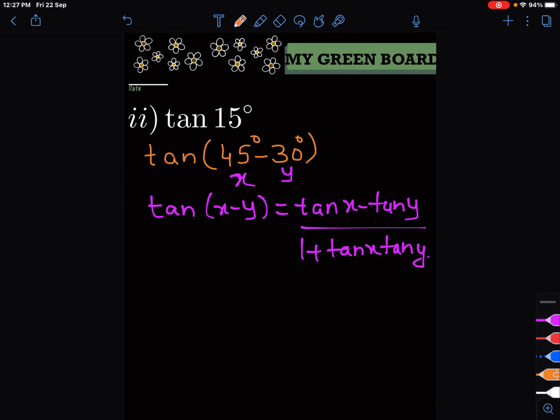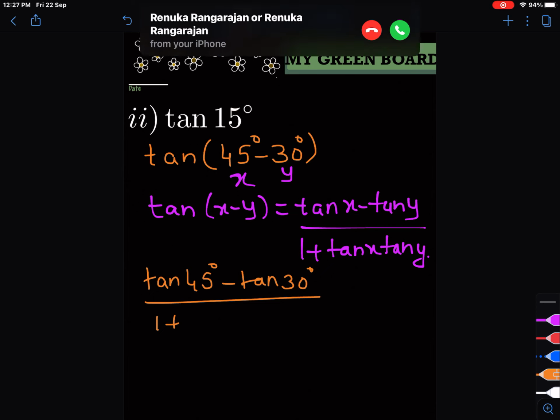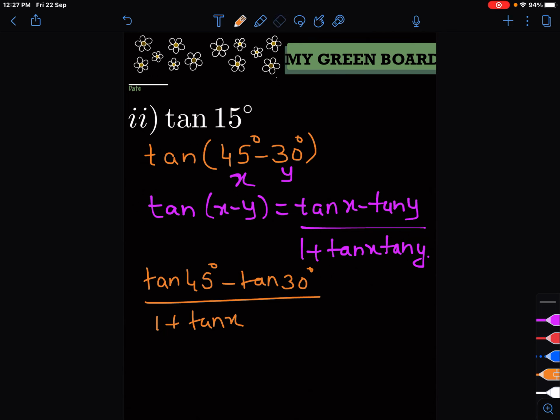So we are getting tan 45 minus tan 30, divided by 1 plus tan 45 and tan 30.